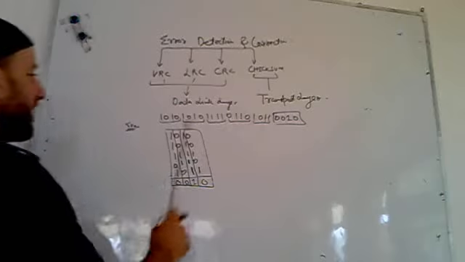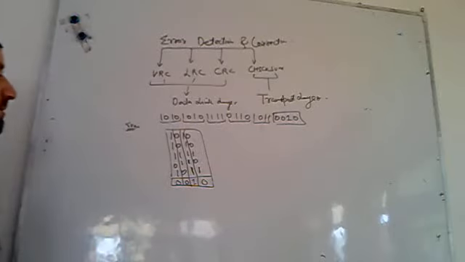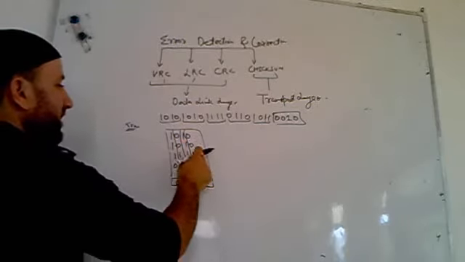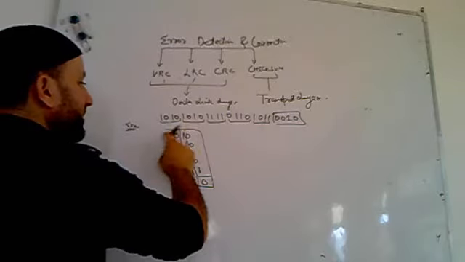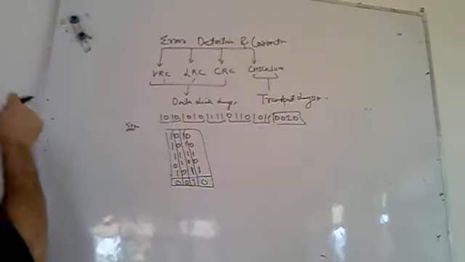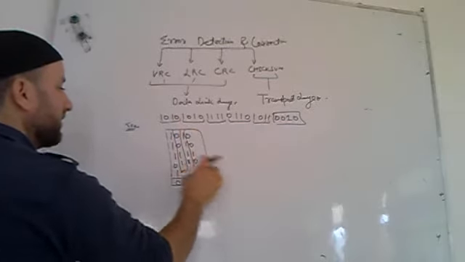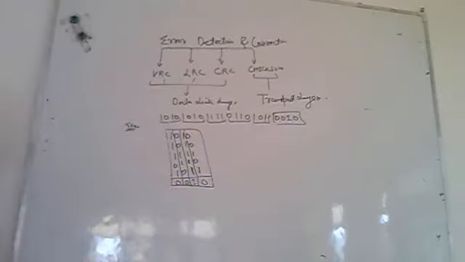Now this is a parity for every column. So if some error occurs in these 4 bits, you can check it with the parity.